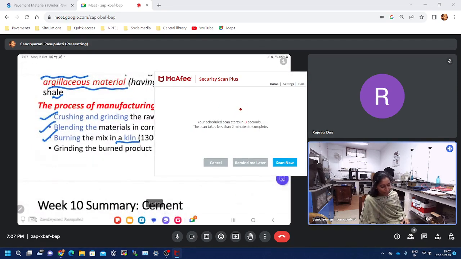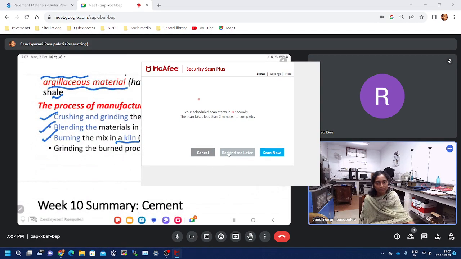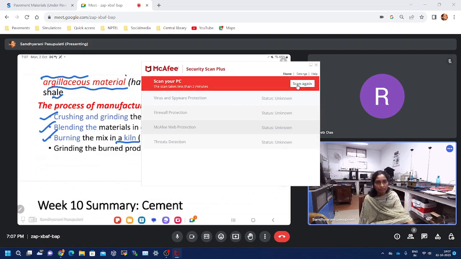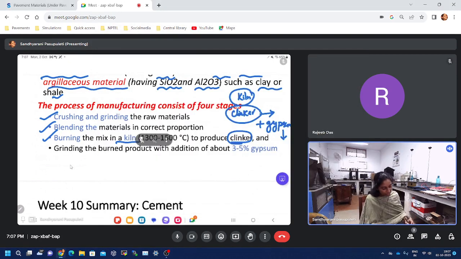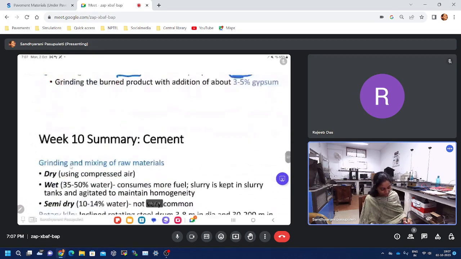Whenever I keep my materials inside the kiln, it should be at a temperature of around 1300 to 1500 degrees.